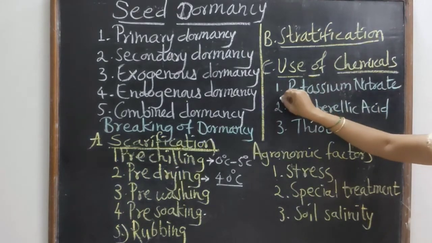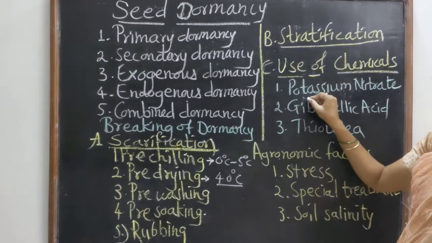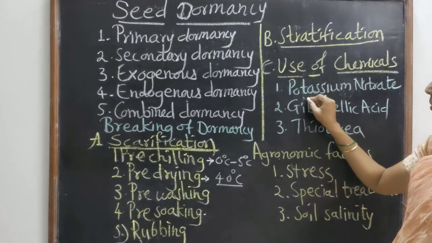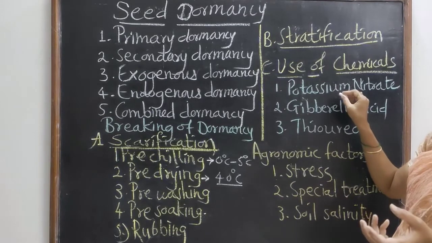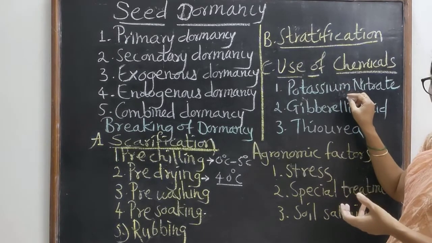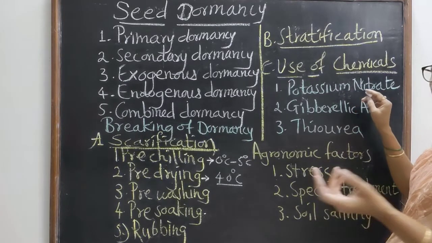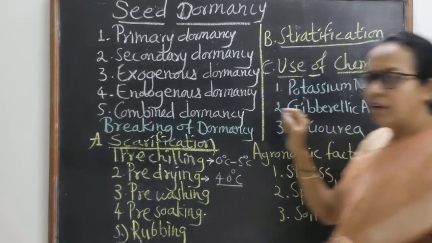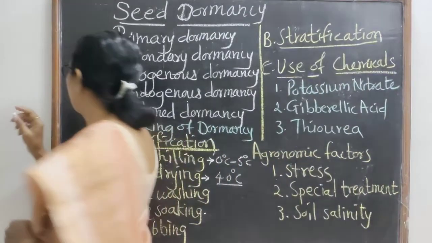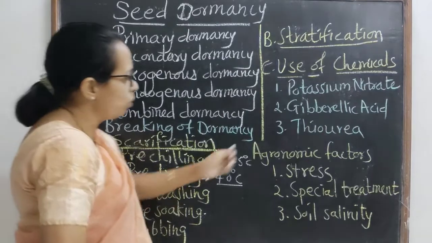The first chemical which we are using is potassium nitrate, KNO3. Very small amounts are required for such treatments, that is 0.2% of KNO3 can be used to treat the seeds. Usually in crops like rice, we observe such chemical treatment like KNO3.